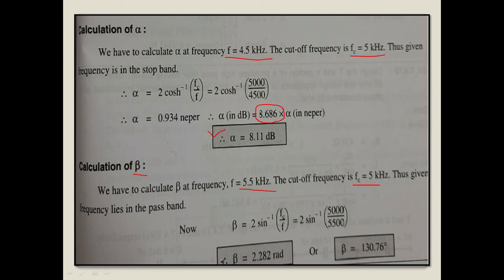So beta is equal to 2.282 radian, and multiplied by 180 upon pi, therefore beta is equal to 130.76 degree.